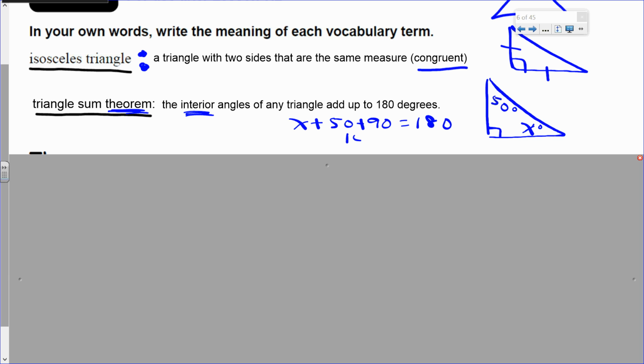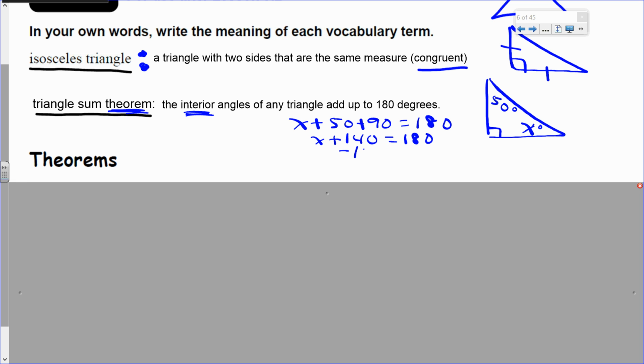So 140 plus x equals 180. Let's subtract 140 from both sides to get x by itself. So x will be 40 degrees. That's what this angle would be, 40 degrees. So far, so good.